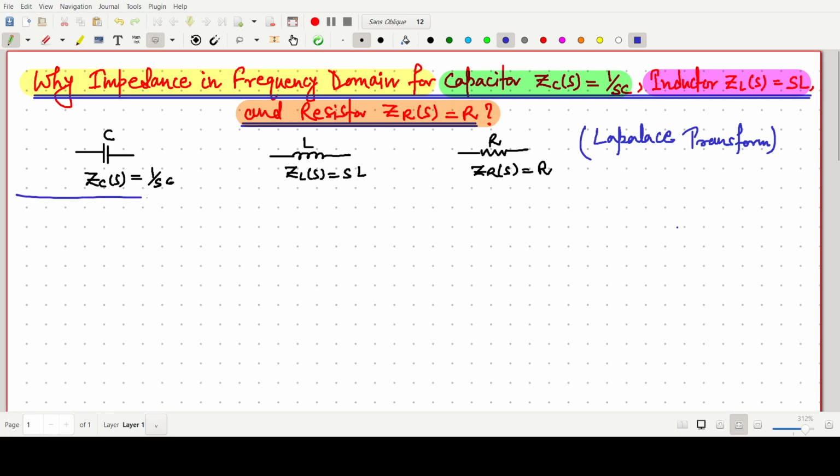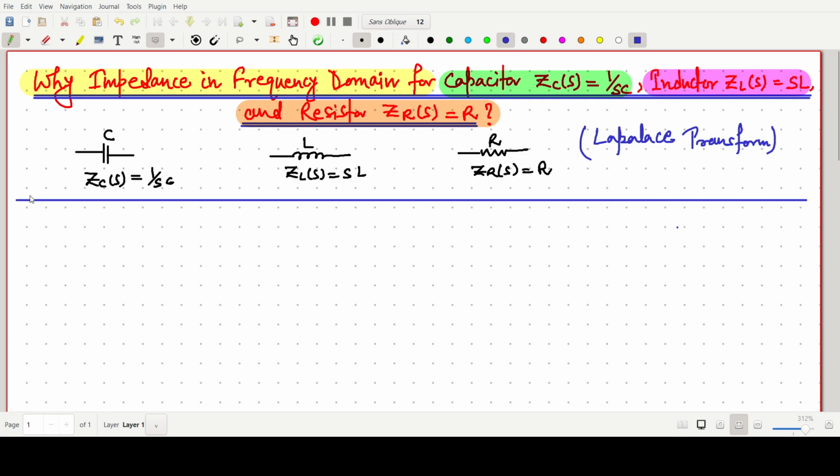Before we start, we have to think about some basics about the Laplace transform. In the design and analysis of any electronic circuits, the Laplace transform is a very useful tool. Basically we are transforming from the time domain to its frequency domain.